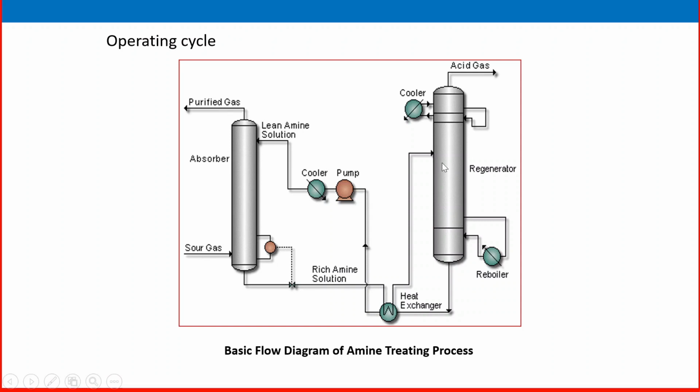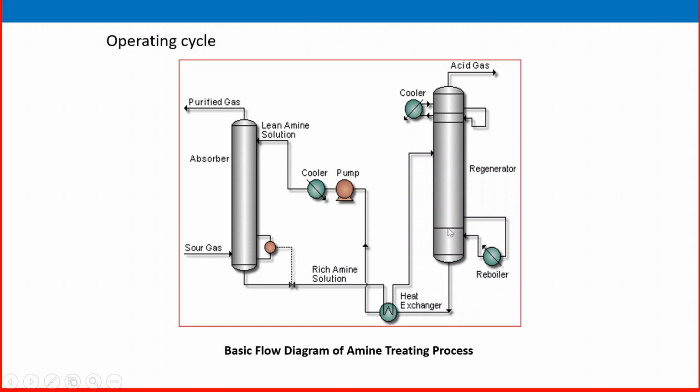Amine is entering here and traveling to the bottom of the tower. From the bottom, some portion of the amine is taken and passed through a reboiler to provide the required heat for this process.